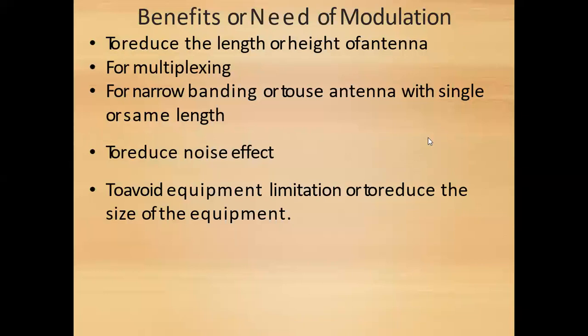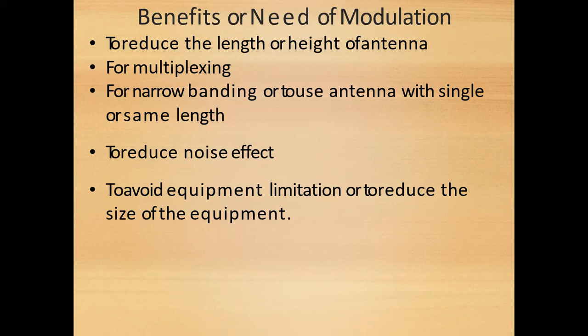So, as I said, the length or height of an antenna, how can we reduce it, where h equals c by lambda. c is nothing but a constant, and lambda is the wavelength, which relates to frequency. So if you observe, height is inversely proportional to frequency.